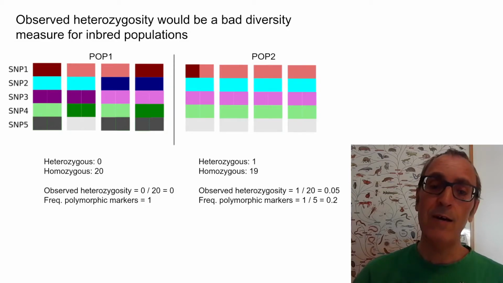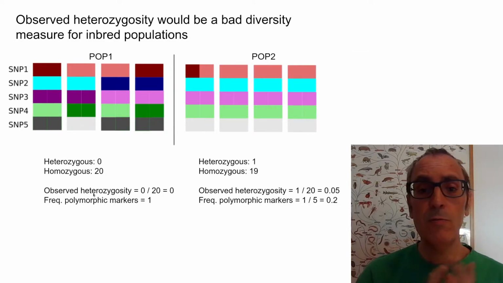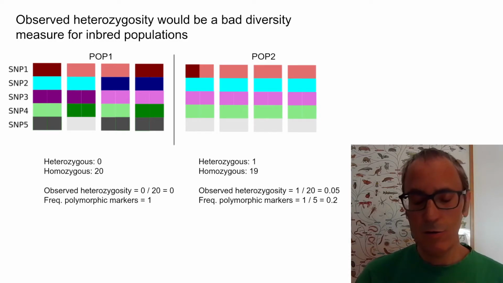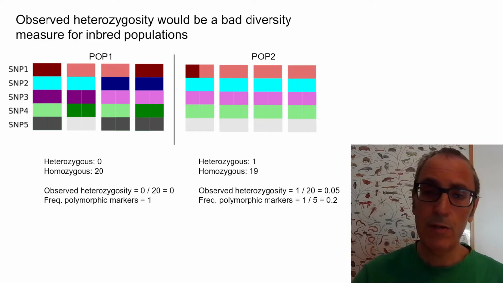We could have a population that is highly diverse, but it's very, very inbred, so we have no heterozygous individuals, so the observed heterozygosity would be 0. So observed heterozygosity is not an index that is used to calculate how diverse a population is.